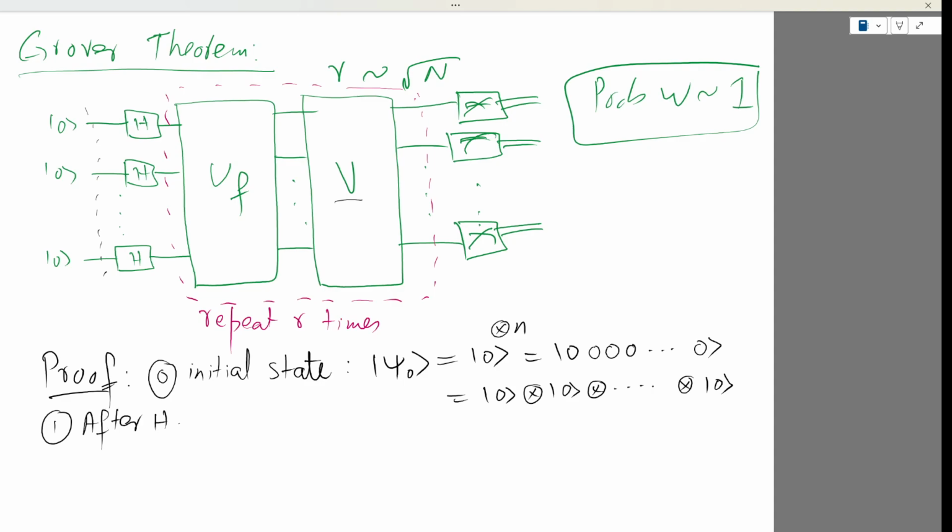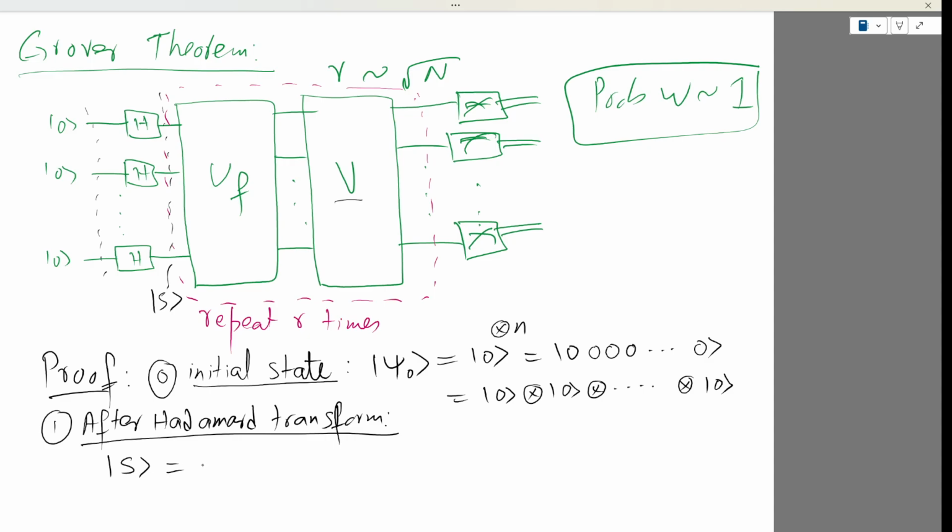So we have the 0 initial state, and let's see what's the state after the Hadamard transform. This act of applying Hadamard gate to each qubit is called Hadamard transform. So let's call the state after Hadamard as state S. I'm calling it S because Hadamards prepare superposition states.